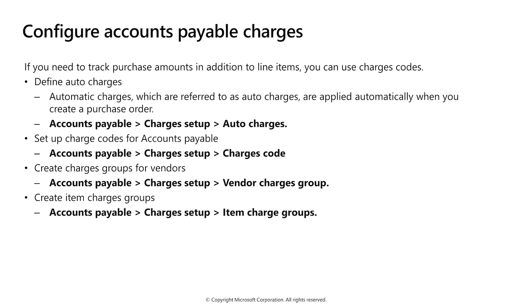If we are validating charges for accounts payable, and if the charges are calculated as a fixed amount instead of a percentage, this value must be less than the maximum amount that's specified in the charges code page. Sometimes charges use a different currency from the transaction currency.